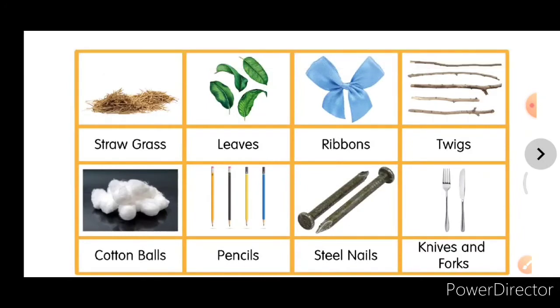First picture, straw grass. Okay, that is dried grass. S-T-R-A-W, straw. G-R-A-S-S, grass. Straw grass. Second picture, leaves. L-E-A-V-E-S, leaves. Third picture, ribbons.